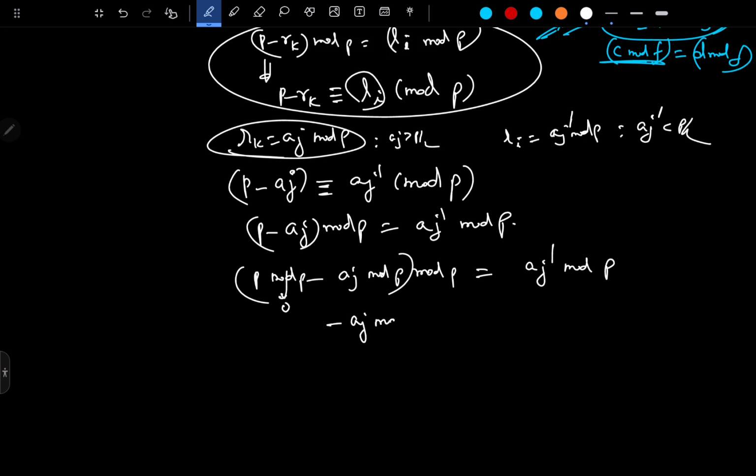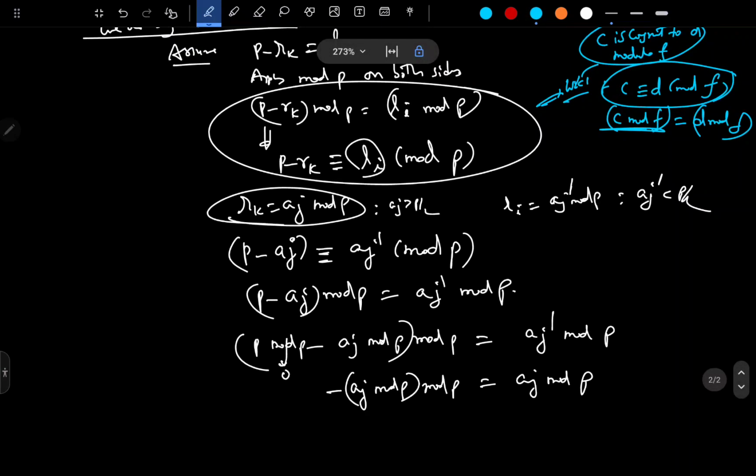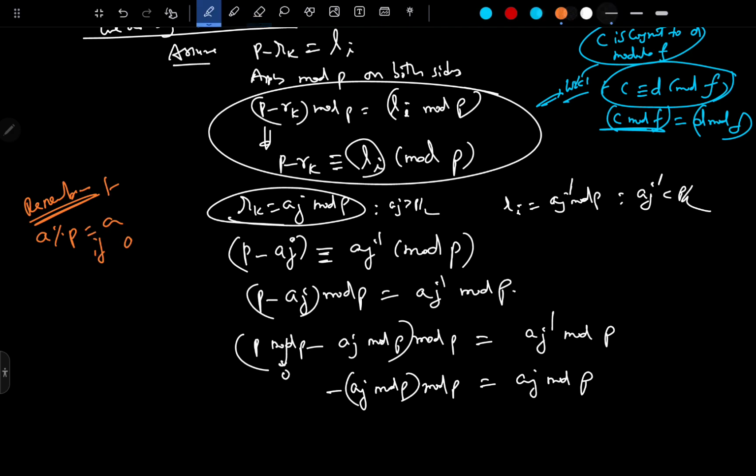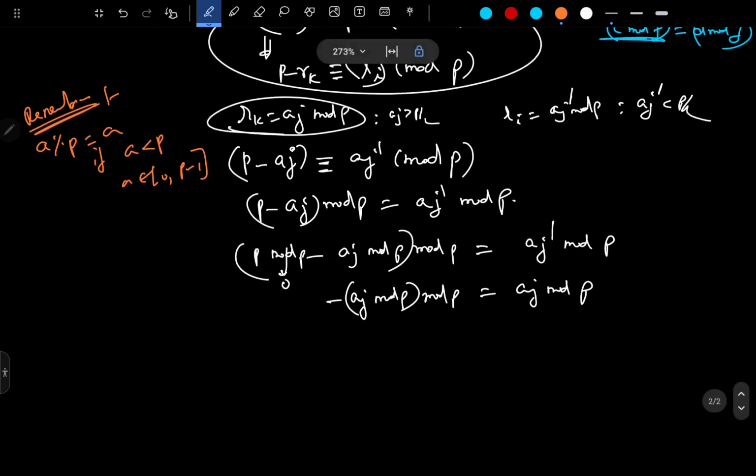So (minus Aj mod P) whole mod P equals Aj dash mod P. Remember that A mod P equals A if A is less than P. That means A can be from 0 to P minus 1, when you consider only positive numbers. This is a basic fundamental you have to remember.